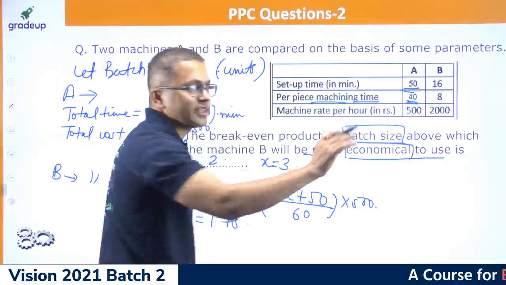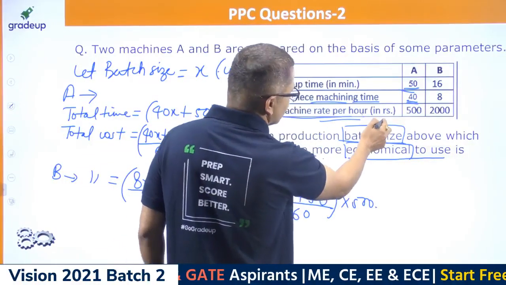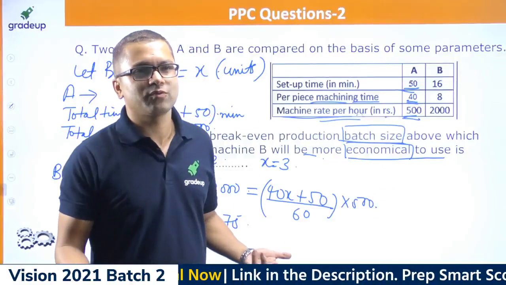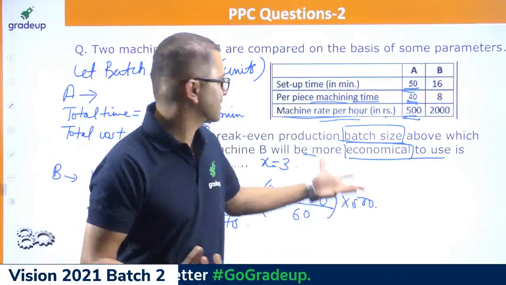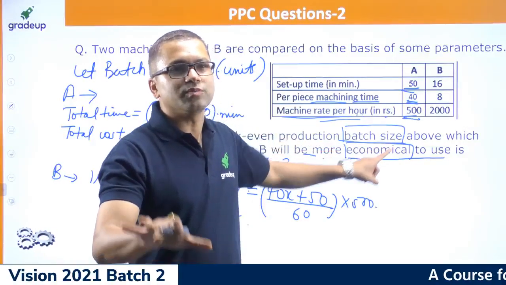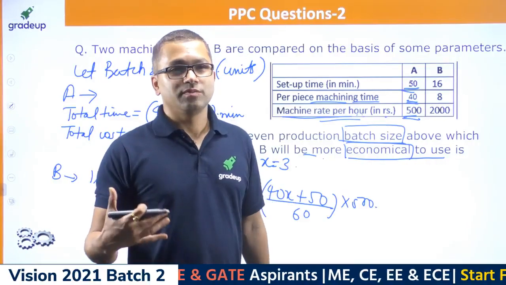Use units, all right. If you're not understanding a machining rate, what is this? It's already given. Rupees per hour is 500. So rupees per hour, what can that be? It can be price, it can be cost, right? It can be profit. So in this case, because we are talking about economical, that has to be cost.